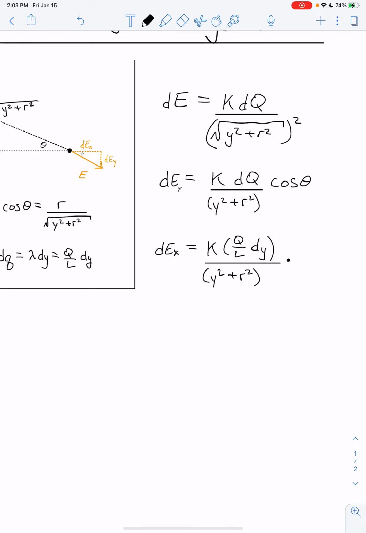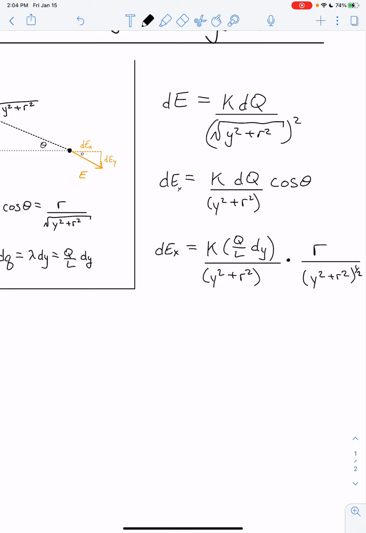So we're going to say, well, let's rewrite it as r over our square root of y squared plus r squared. Okay. Now, it might be easier to keep track of this if we just write it as 1/2.